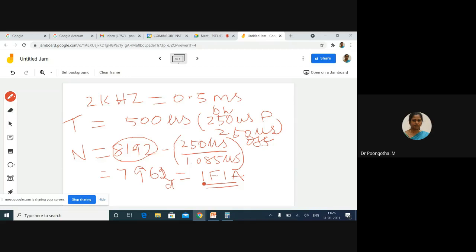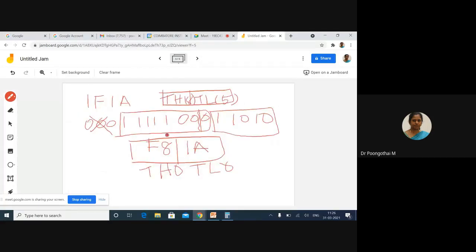Convert this value into hexadecimal, 1F1A. This is in 16-bit form. We need to convert the 16-bit value into a 13-bit value. For that, write it in binary, take 5 bits and 8 bits, and the remaining 3 bits, D15, D14 and D13, are discarded. Convert this binary into hexadecimal. We get F81A. This will be the initial value for the 2 kilohertz frequency.